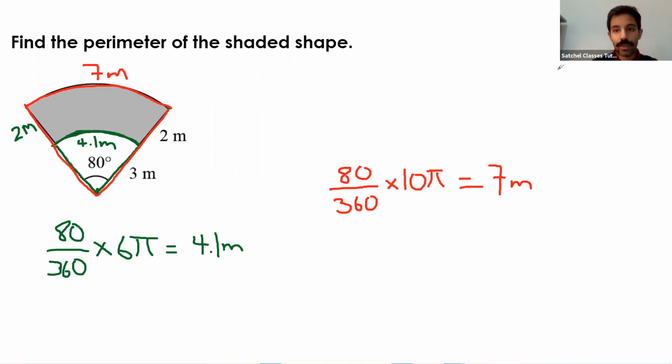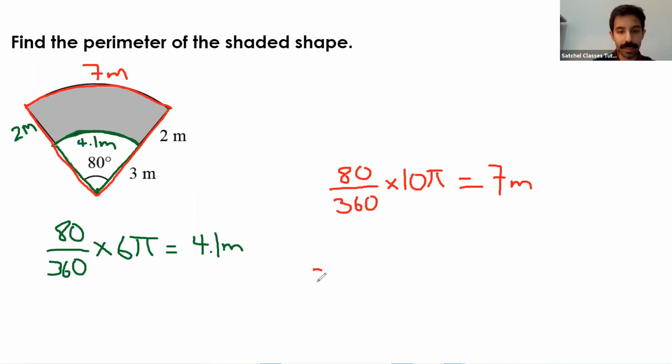So the question asks, work out the perimeter of the shaded shape. So it's going to be 7 plus 4.1 plus 2 plus 2. Do not include the 3 here. We just want the perimeter of the shaded shape. So that's going to give us 8.1, and plus 7, it's going to be 15.1.